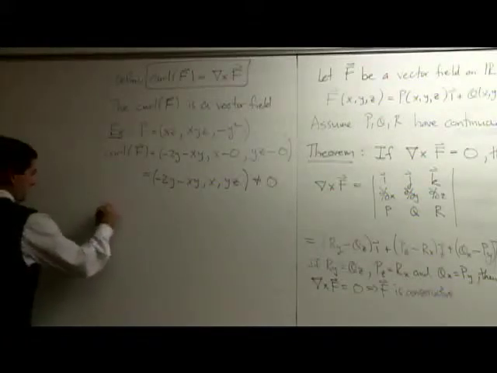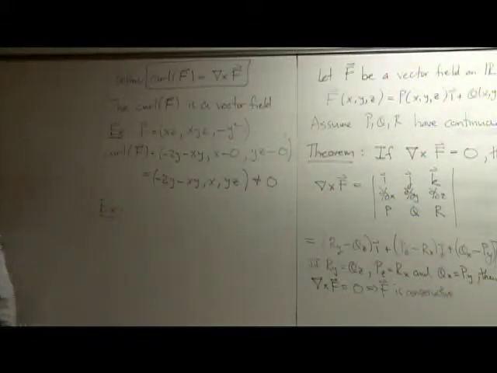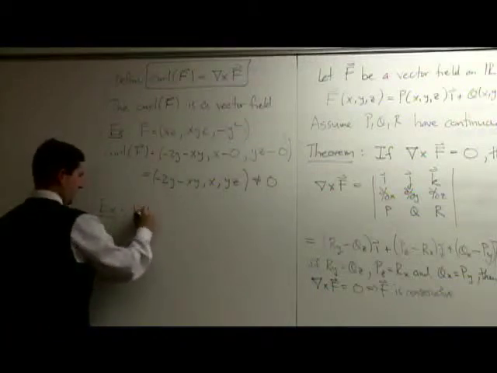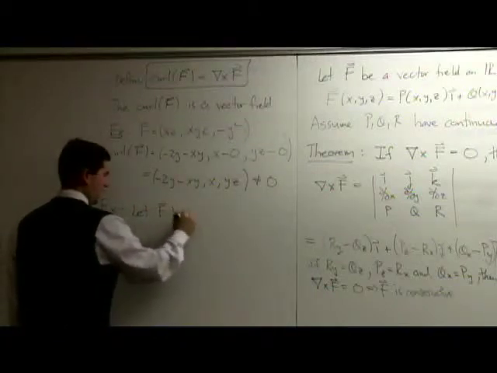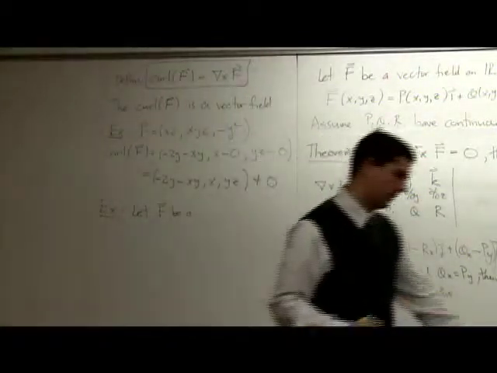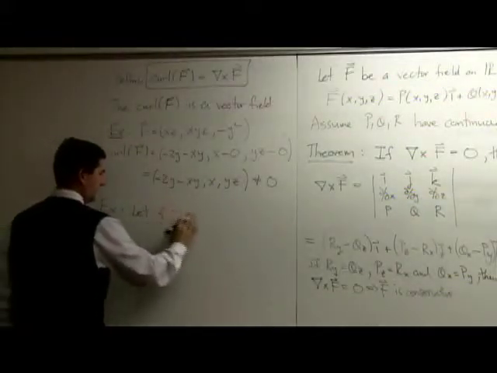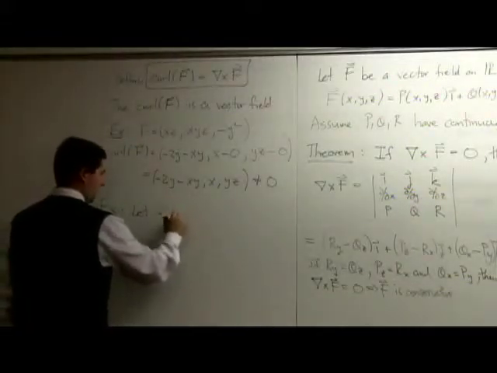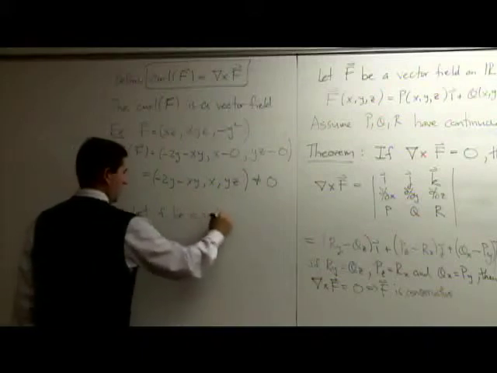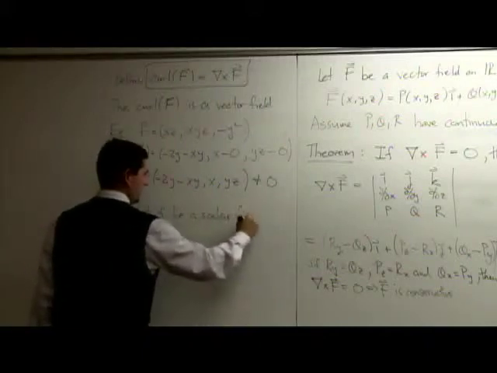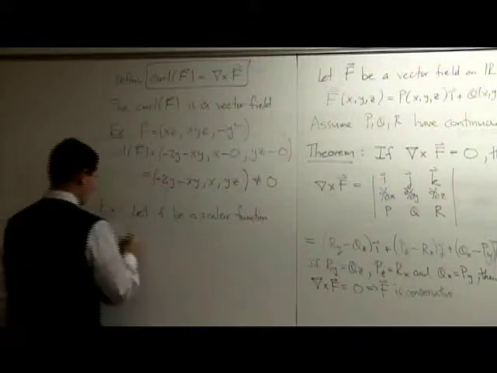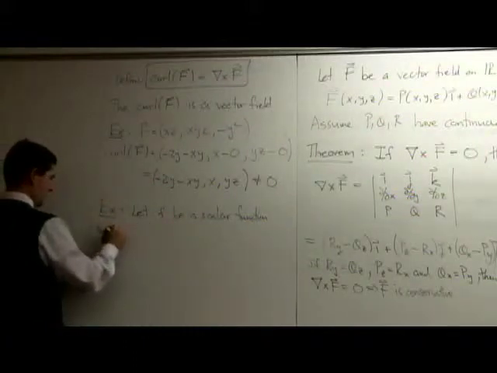Here's just a little thing I'm going to write down. This is actually going to show up on your homework for you to prove. So let's let f be a scalar function on R3.